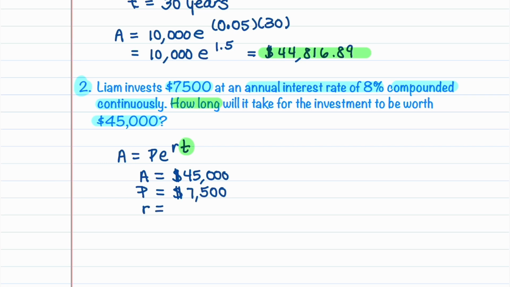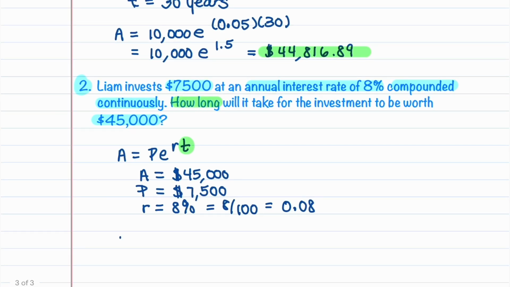R is the annual interest rate, and that is 8%, which is just 8 divided by 100, which is 0.08. Now we can go ahead and plug these values into our formula. On the left, we have 45,000. And then on the right, we have 7,500 e to the 0.08 times T.